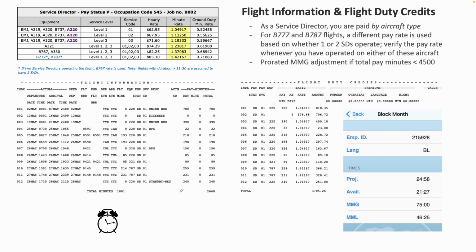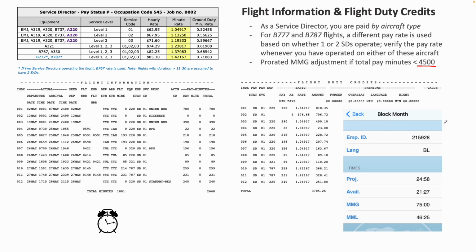We have what's known as a prorated minimum monthly guarantee adjustment if our total pay minutes in a reserve month are less than 4,500. 4,500 would be your MMG, but expressed in minutes as opposed to hours.